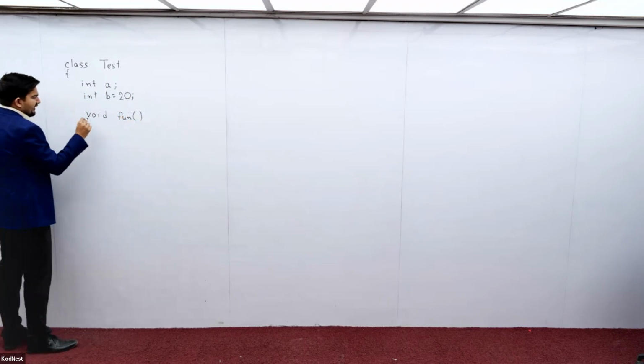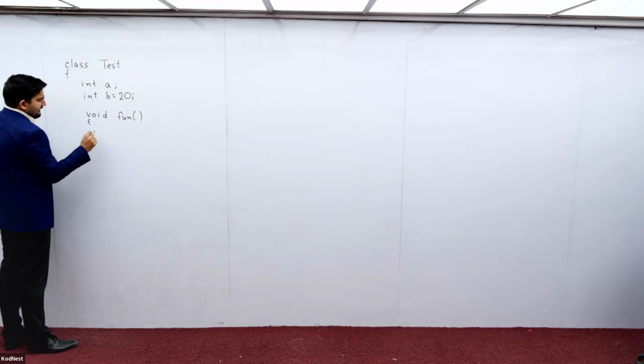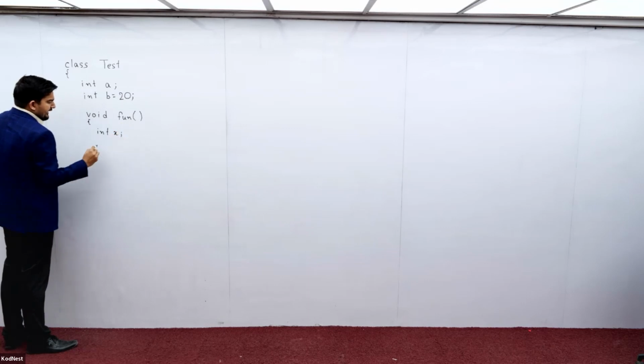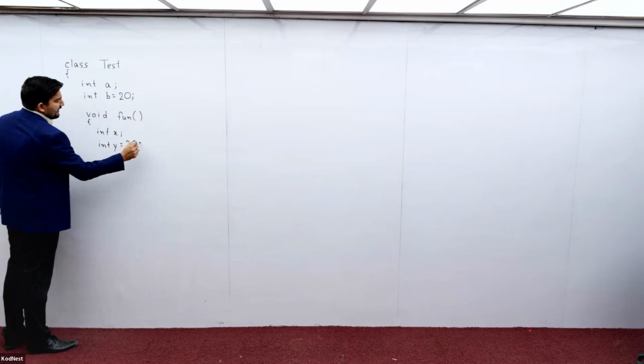Inside this fun method, I'll say int x is equal to 100, or simply int x. And I am also going to say int y is equal to maybe 200.